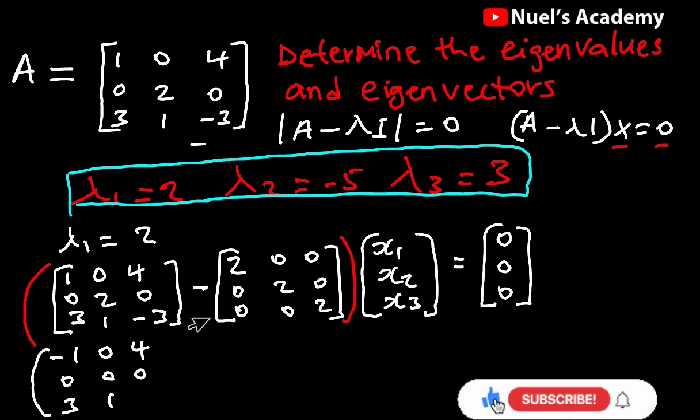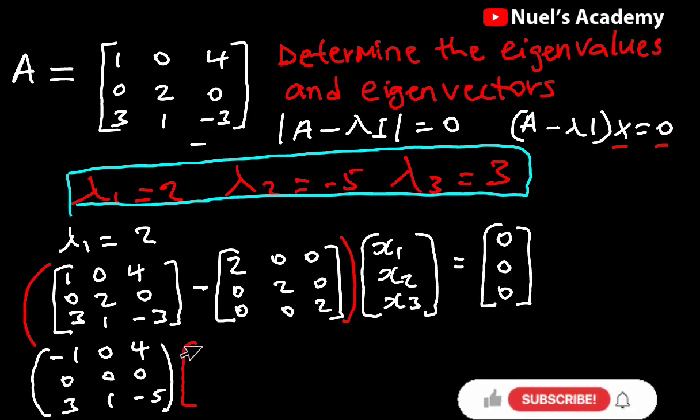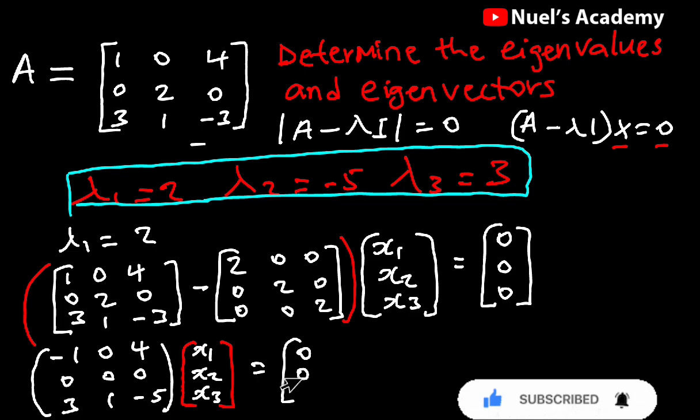Then minus 3 minus 2 is equal to minus 5. Then multiply by the eigenvectors, which are these x values, x1, x2, x3, then equals 0.